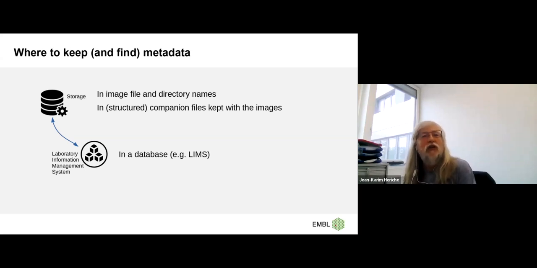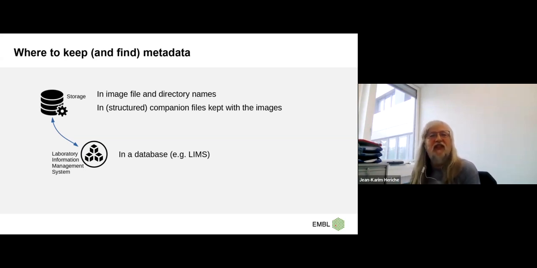You can keep the metadata in the names of your files and maybe directory names, or also encode some relationships in the directory structure. And you can supplement this by having companion files, so extra files, preferably structured rather than just free text, that you keep somewhere alongside the images.